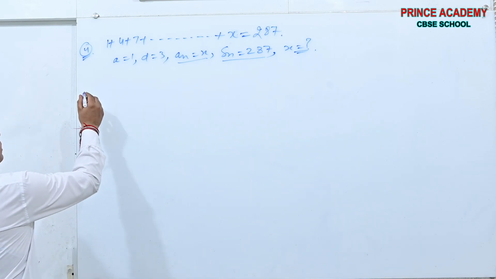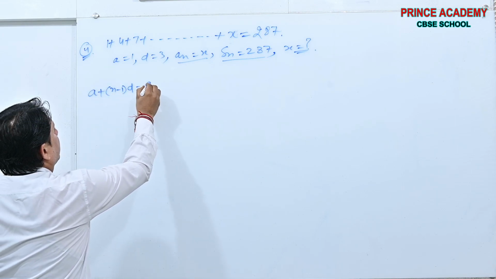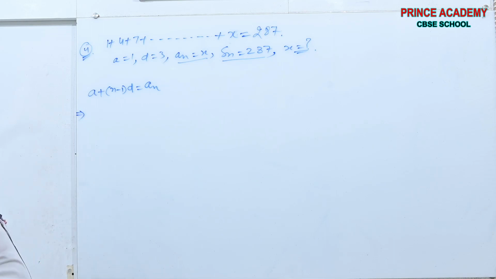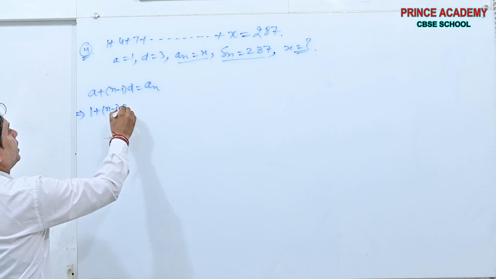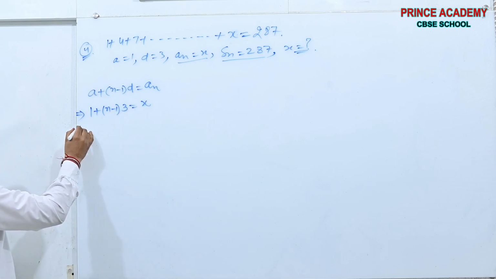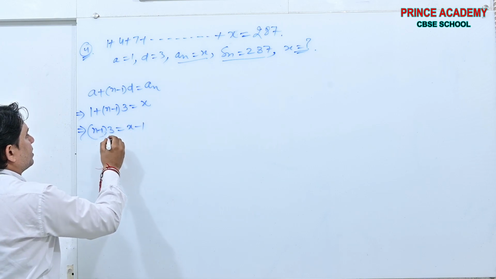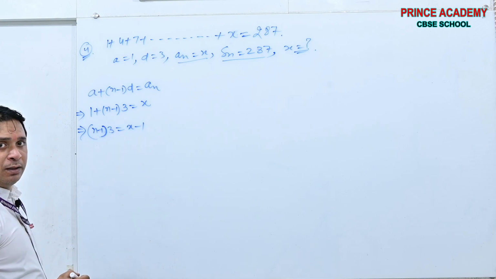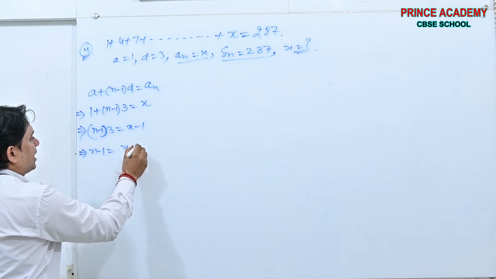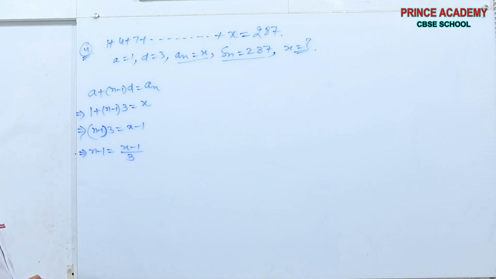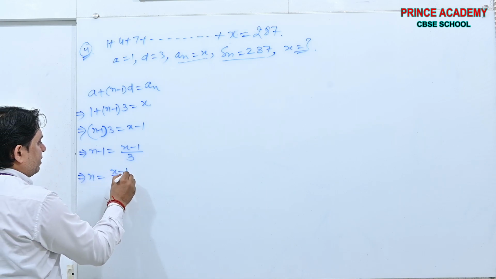See what I am doing. a plus (n minus 1)d is an. Yes or no? So n minus 1 into 3 is equal to x minus 1. Now from here, n minus 1 is (x minus 1) by 3.